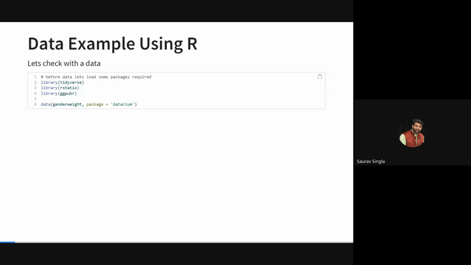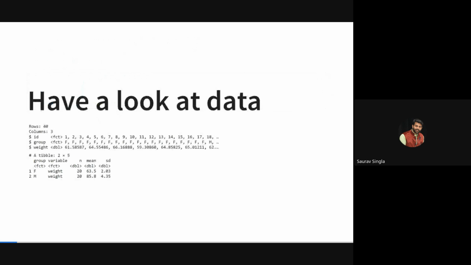So library tidyverse, library rstatix, ggpubr, these are a few libraries which I am using for this particular example. There is a data set of gender weight. It is available with the package datarium. So let's look at the data.